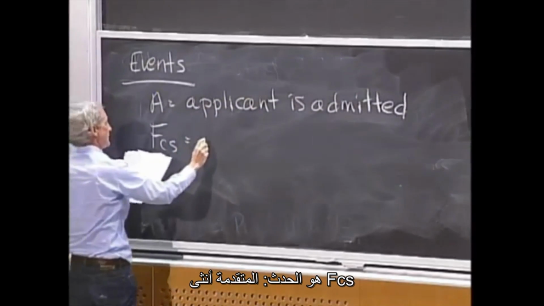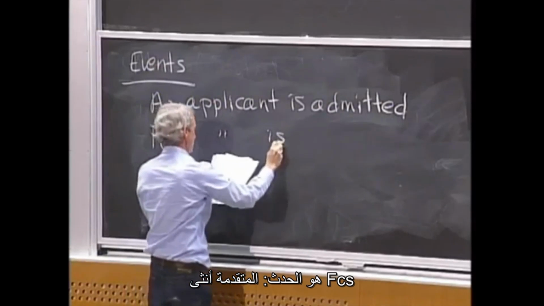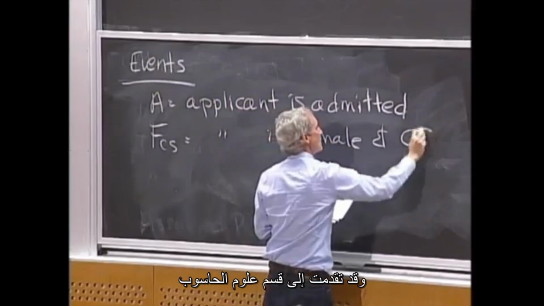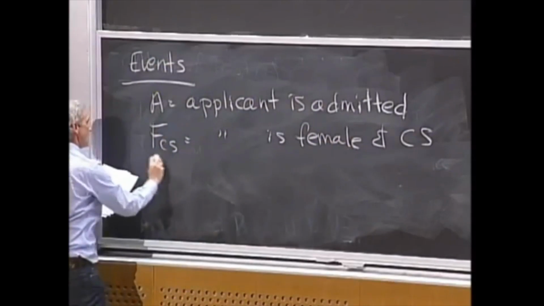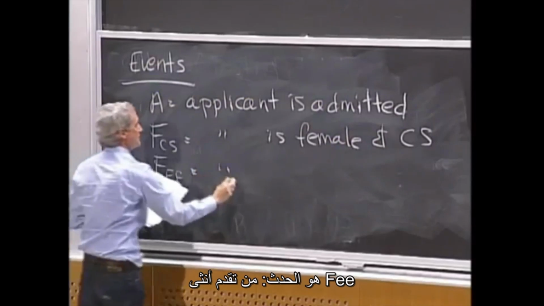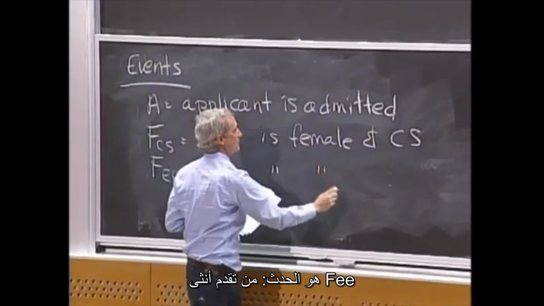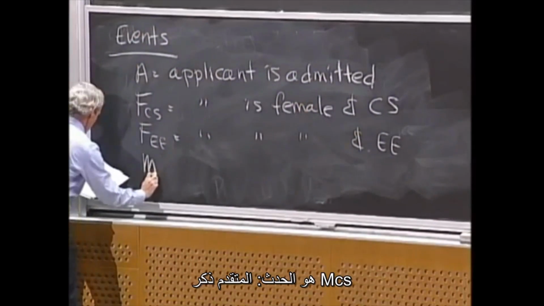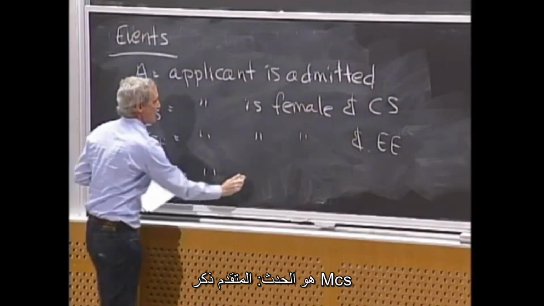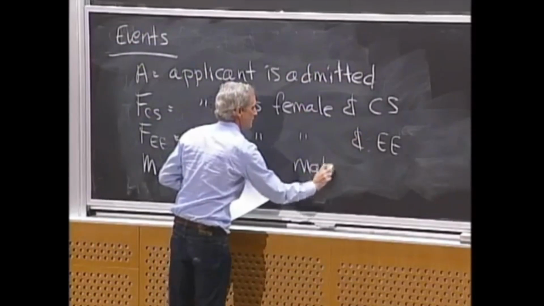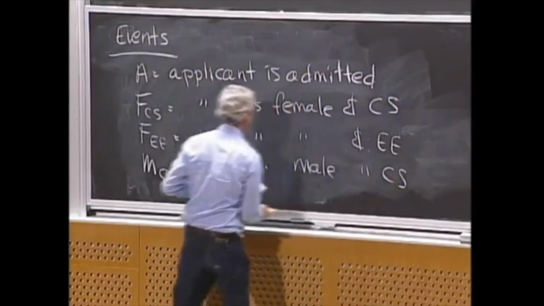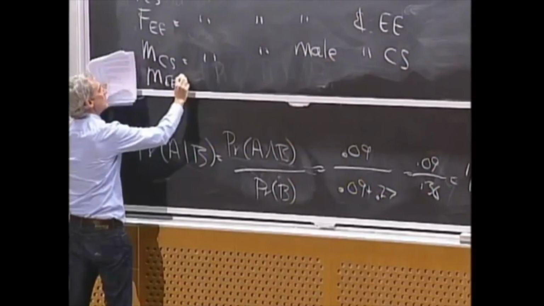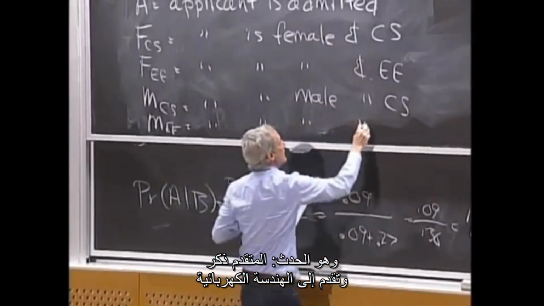FCS is the event that the applicant is female and applying to CS. FEE is the event that the applicant is female and applying to EE. MCS is the event the applicant is a male and CS. And then finally we have MEE is the event the applicant is male and in EE.